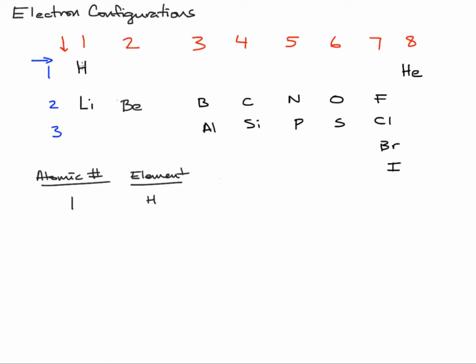And the atomic number basically is equal to the number of total electrons in that element. So hydrogen has an atomic number of 1. It has 1 electron. So what is the electron configuration?